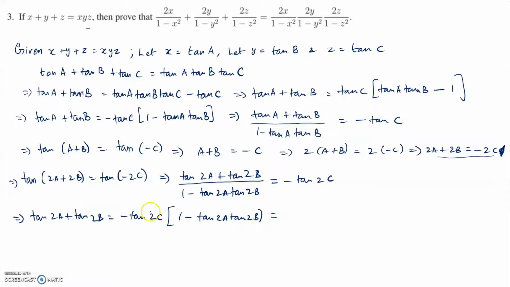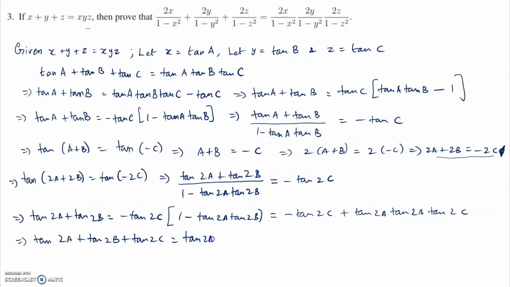The right hand side you can expand, and this will become minus tan 2c plus, minus into minus is a plus, tan 2a tan 2b tan 2c. Now, let us take the minus tan 2c to the left hand side. So, this becomes tan 2a plus tan 2b plus tan 2c is equal to tan 2a tan 2b tan 2c.